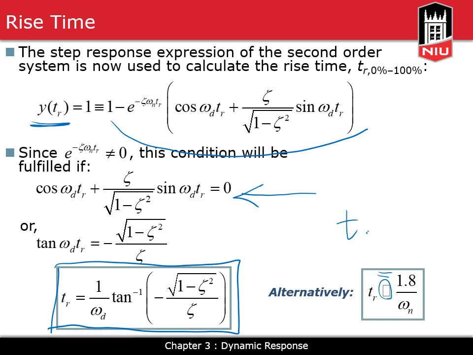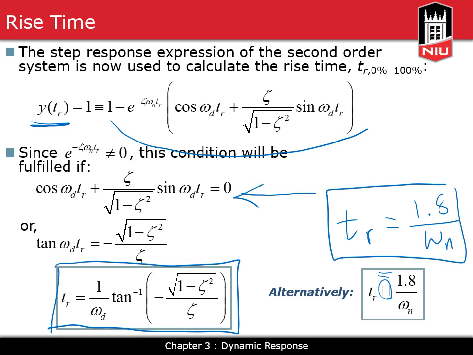So basically, tr, the rise time, is 1.8 over omega n. This is the first formula that we find for the time domain step response specifications, rise time, 1.8 over omega n. Remember that omega n is coming from the standard second order transfer function.